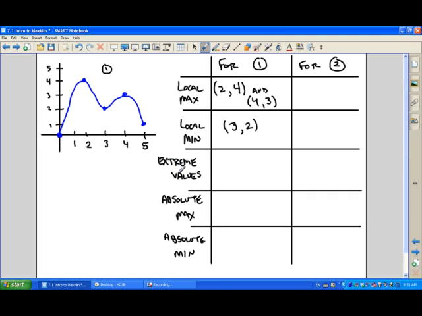In fact, these 2 points, the ends of the graph, would be our extreme values. So I have one endpoint at the origin at (0, 0), and I have a second endpoint at (5, 1).